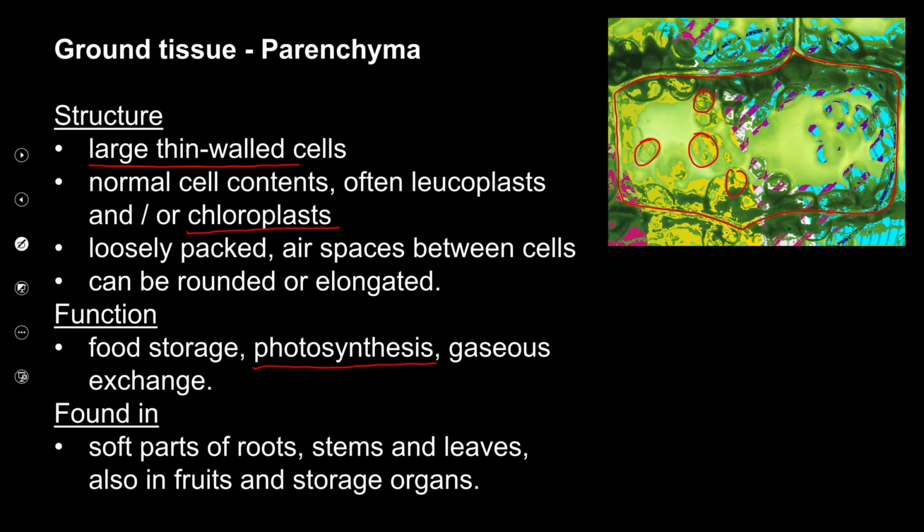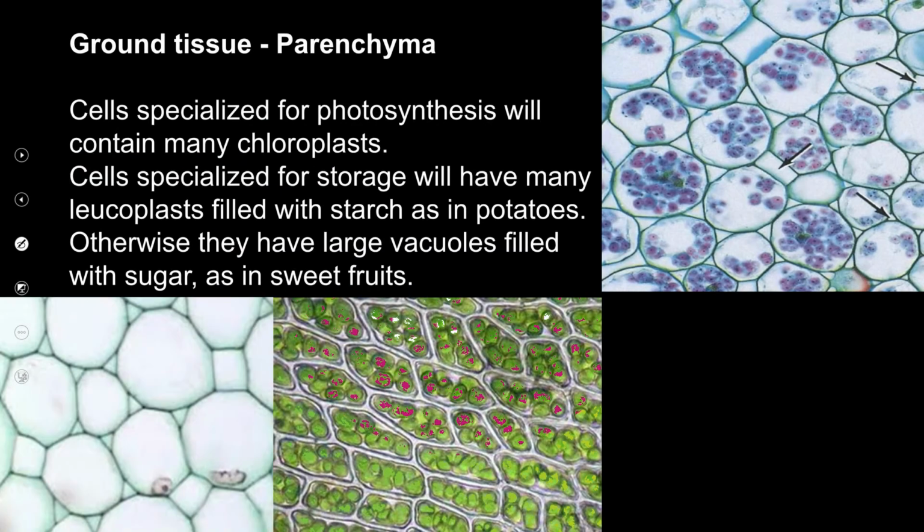But not all parenchyma cells look exactly like that. Here are 3 different types of parenchyma cells. They're found in different parts of a plant, and depending on what their function is, they would have different contents. For example, here we have cells filled with chloroplasts.